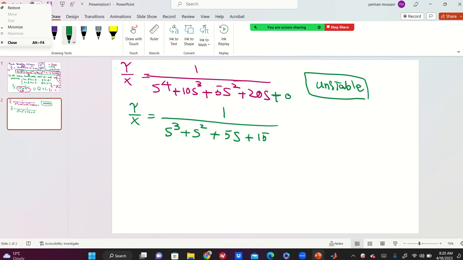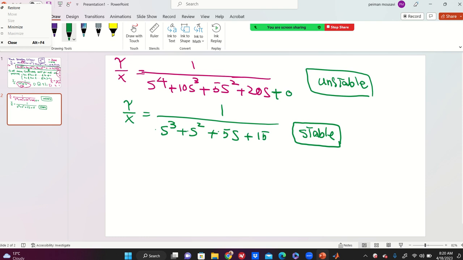Stable. Based on whatever I thought, it is stable. But let's put a hold on this. All the coefficients exist and they are positive. Well, let me solve it. 1, 1, 5, 15.